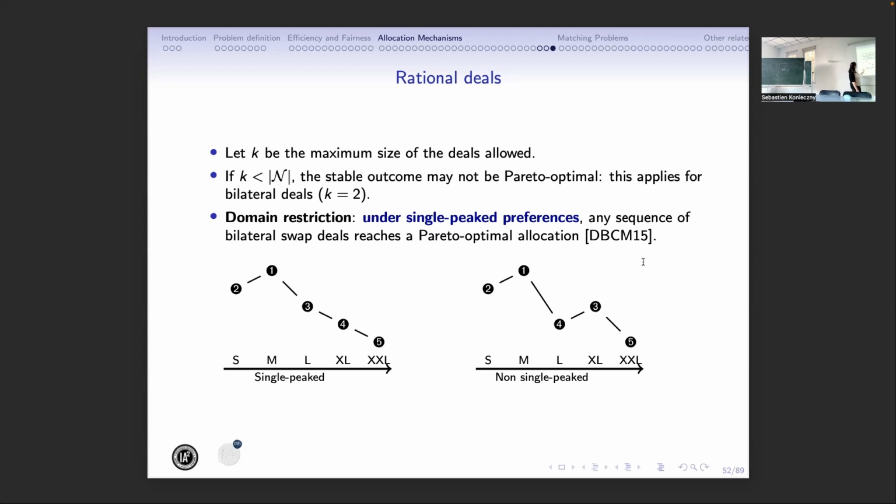So in this case, you consider the size of t-shirts. The preferred size, so you have an axis with the size of the t-shirt, so S, M, L, XL, etc. You have a peak. Here my peak is M. And if my most preferred size is M, then the size preferred just after M can only be S or L. It cannot be XL or XXL.